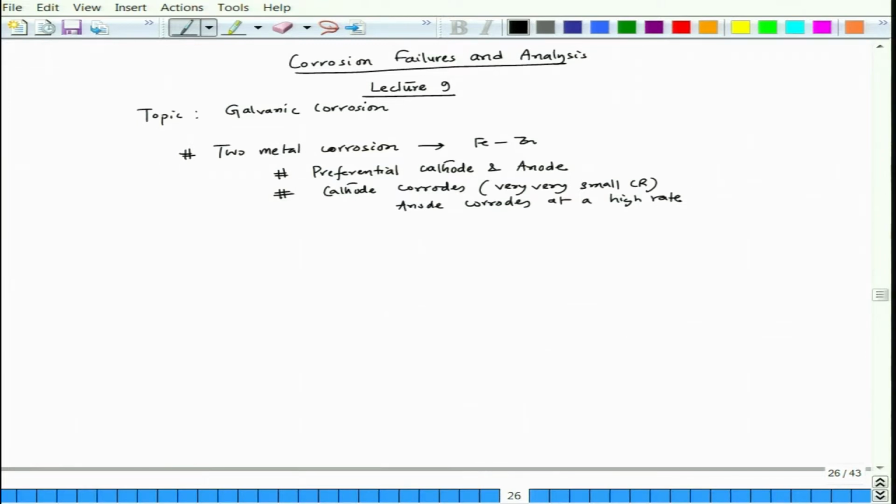And interestingly, one more observation we can make. If we see the zinc and iron situation, the cathodic reaction is nothing but H2 evolution, and the anodic reaction was zinc going to zinc plus plus.